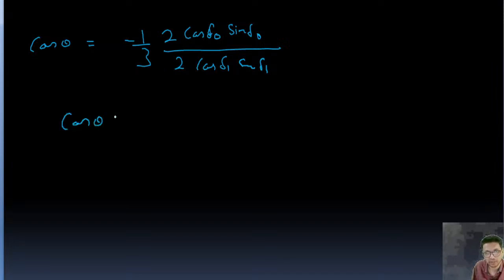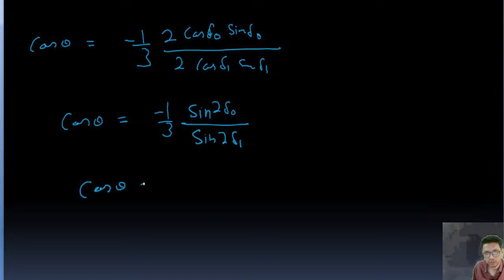So cos theta value is going to be minus 1 by 3. 2 sin theta cos theta means sin 2 theta, so 2 delta naught upon sin 2 delta 1.